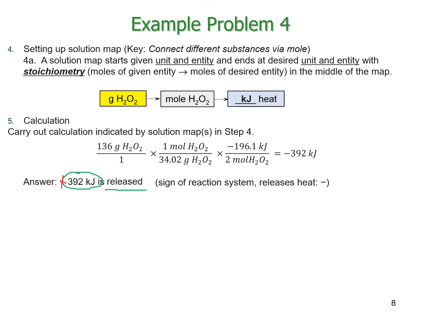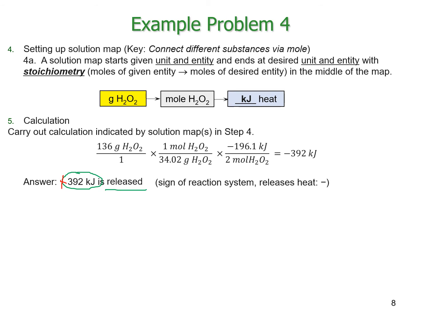Because the negative sign is being taken care of by the word released. A negative sign means heat coming out, and heat coming out is released. Since the question has already predicted the direction, which turned out to be correct, we do not have to put a negative sign in front of the value. So we simply report 392 kilojoules.